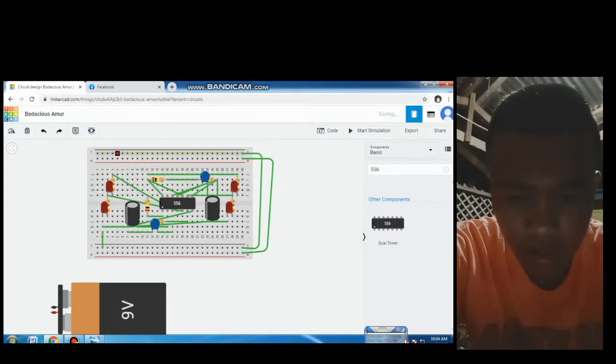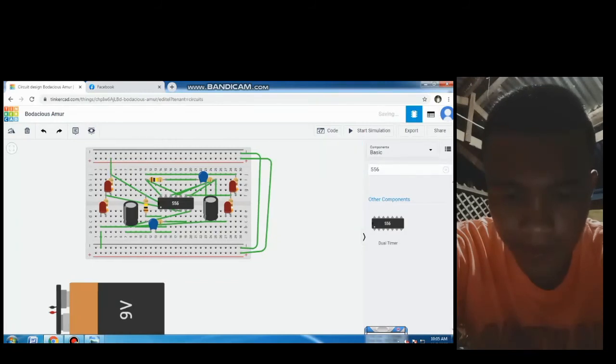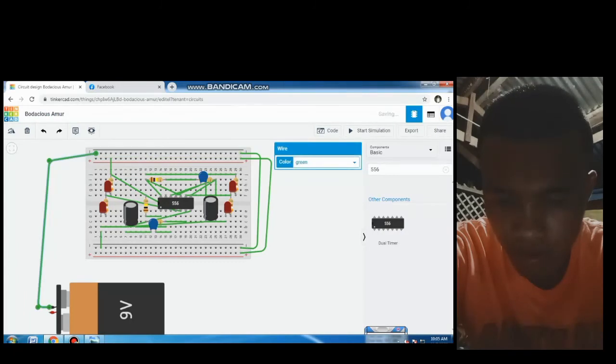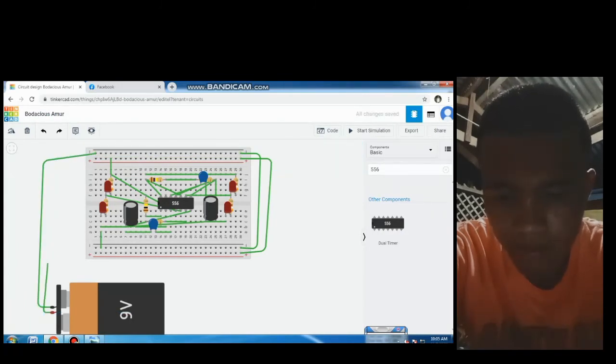And the final is the battery. Okay, connect the battery, negative to negative and the positive.